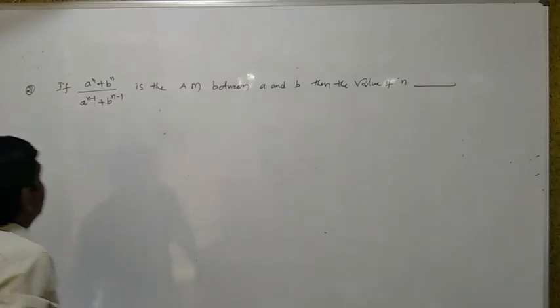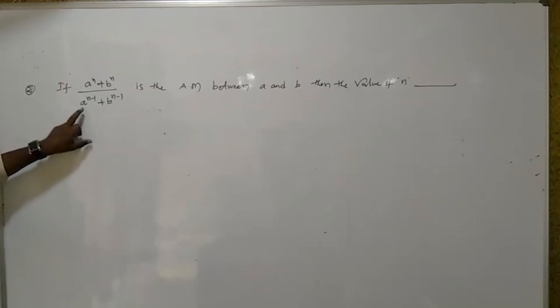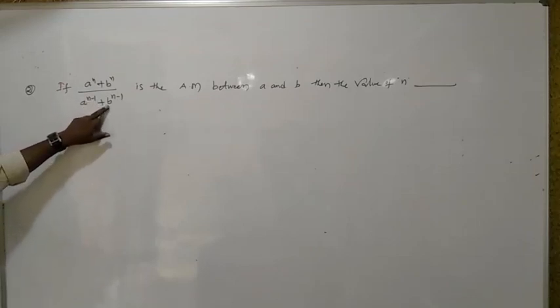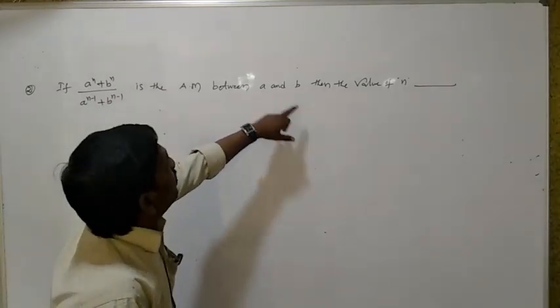Here a power n plus b power n by a power n minus 1 plus b power n minus 1 is the AM between a and b.